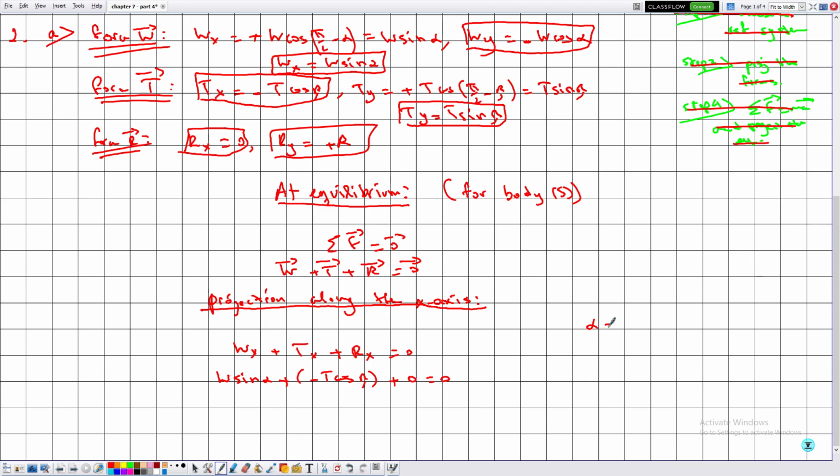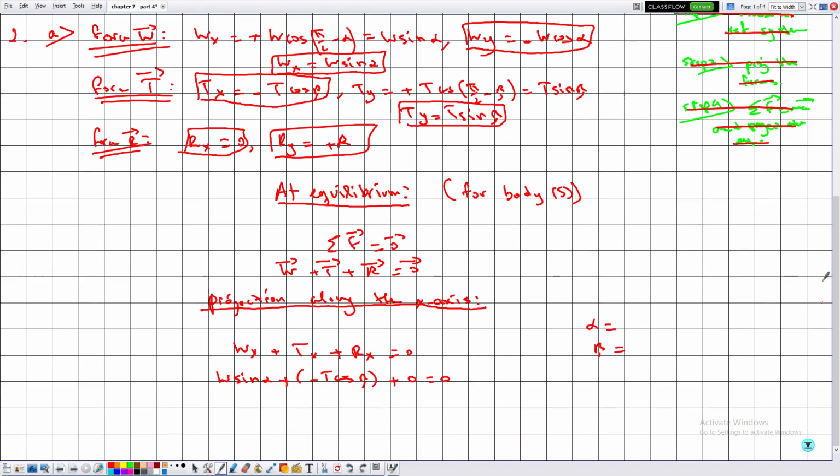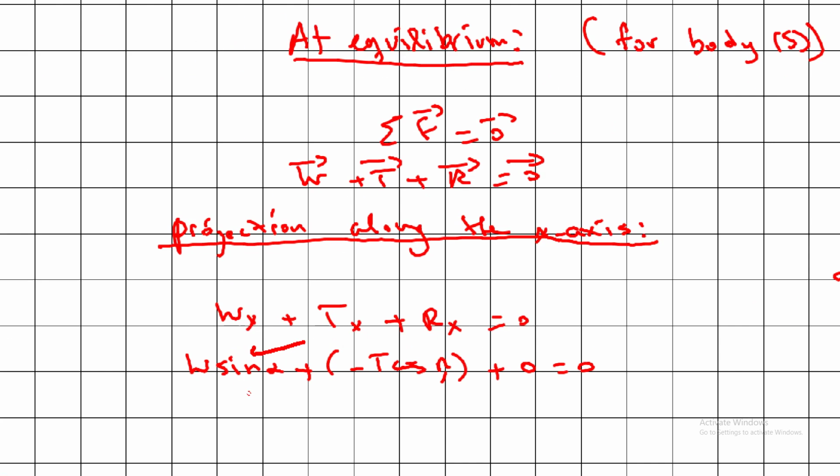Now the values of alpha and beta are given respectively to be 45 and 30 degrees. Alpha is equal to 45 degrees and beta is equal to 30 degrees. So we know the values of sine alpha, cosine beta.